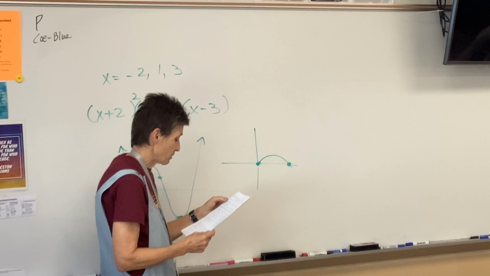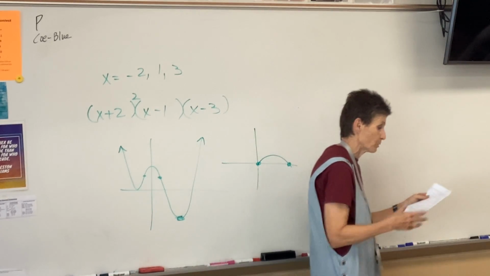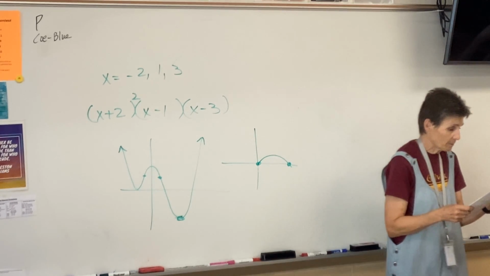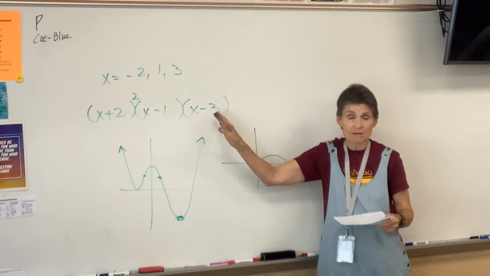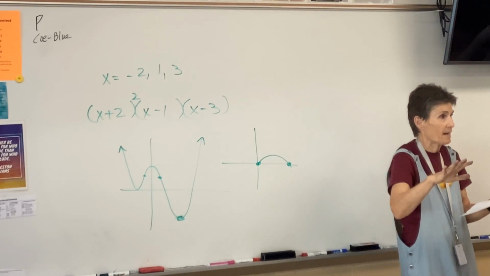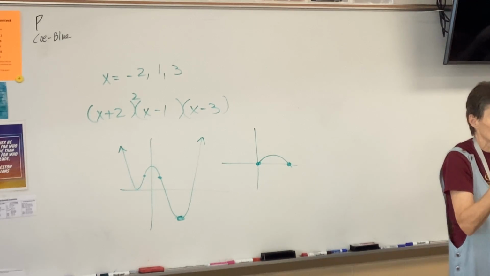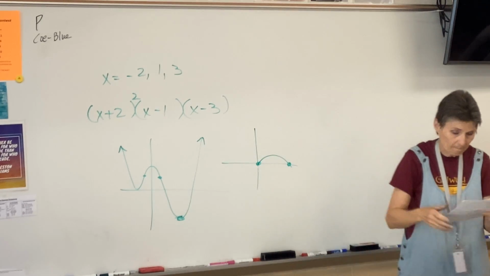What's in the box up here? Given a polynomial function p, if p of a is 0, then a is a 0, or root, x-intercept. If a is a real number, then if x equals a is a 0, then x minus a is a factor. We've already talked about that. Okay, sometimes when we put the math language to it, it gets a little confusing, but we've already talked about that relationship.